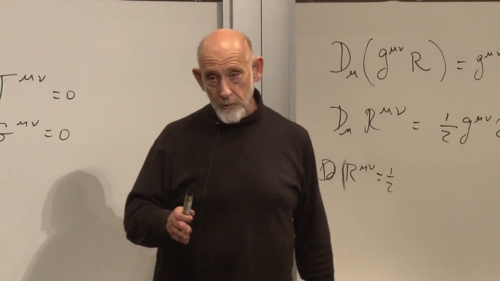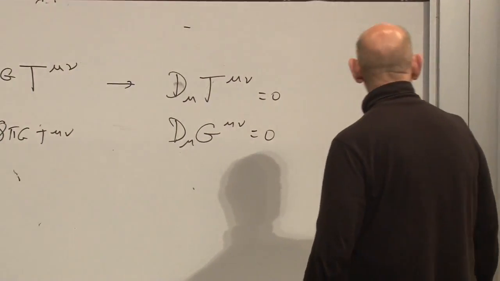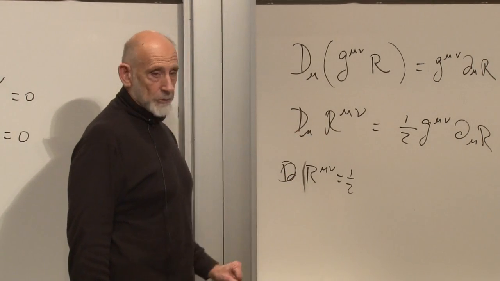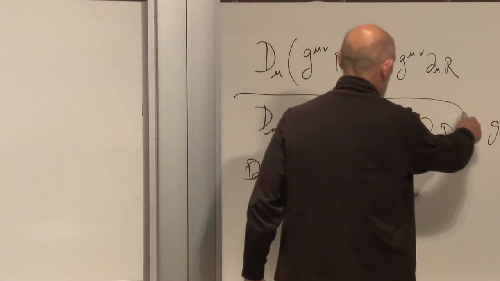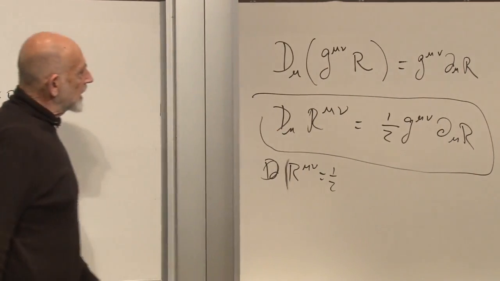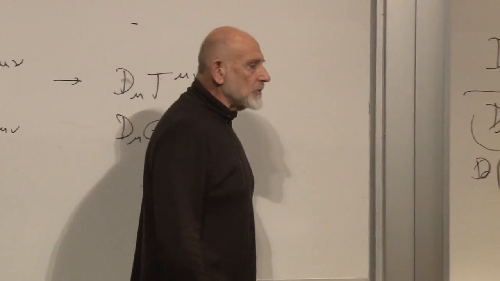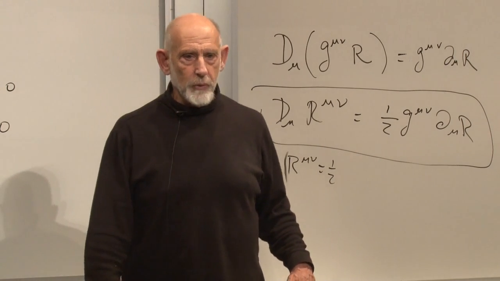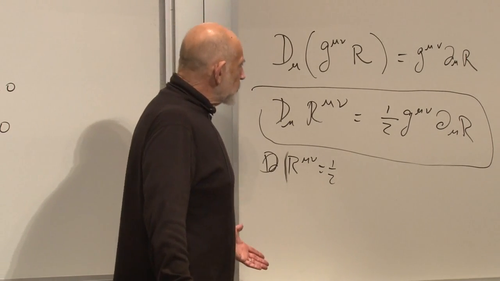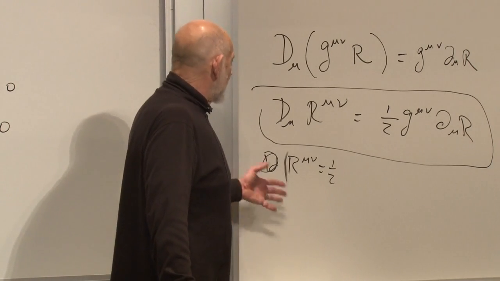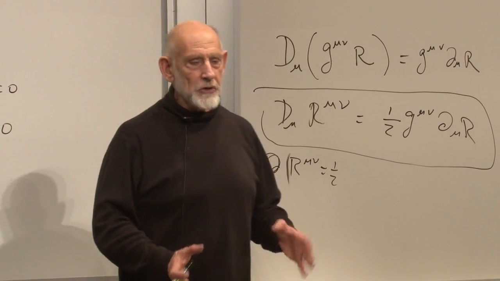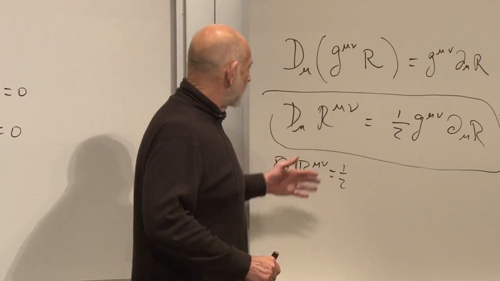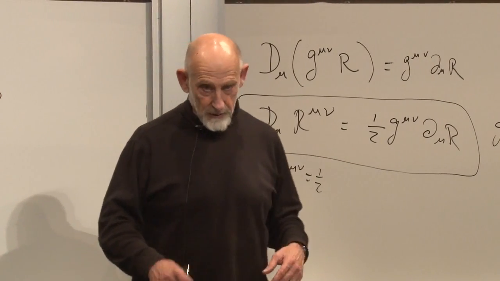So he must have had to do a little bit of work to calculate this thing over here, d mu R mu nu, this one. He had to do a little bit of work to calculate that. I assume that what he did was just plug in. It would take you about 15 or 20 minutes to do it. As usual, the principles are simple, but by the time you've manipulated all the indices and written down the Christoffel symbols and worried about getting the signs right and so forth, it'll take you a good 15 minutes to get this done.